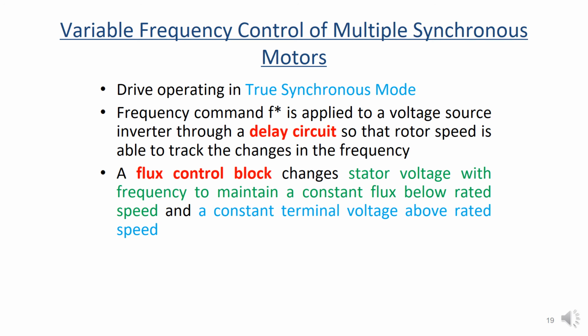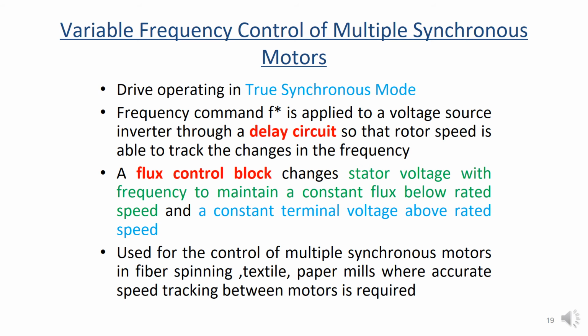The flux control block changes the stator voltage with the frequency to maintain a constant flux below the rated speed and a constant terminal voltage above the rated speed. It is used for the control of multiple synchronous motors in fiber spinning, textile, and paper mills where accurate speed tracking between motors is required.